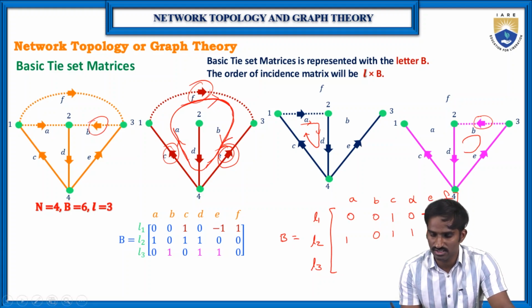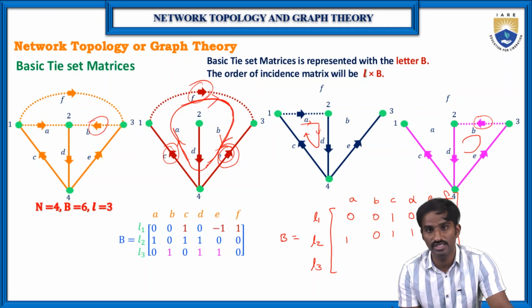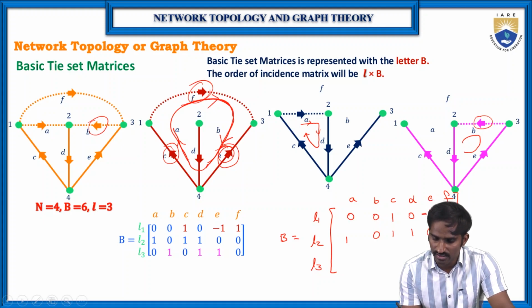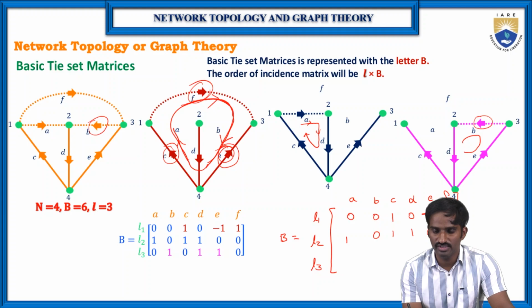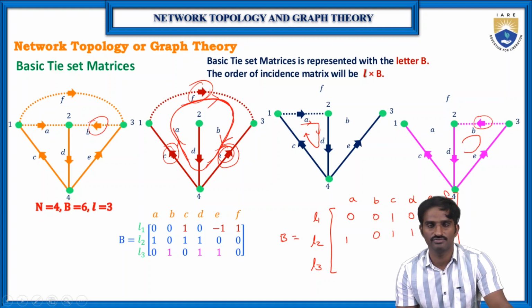Because only 3 branches are there for this particular loop, so 3 ones. A is the reference direction, +1, C is the same direction, so +1, and D is also the same direction, so +1. Here all are in the same direction as the loop direction, so all are positive signs.